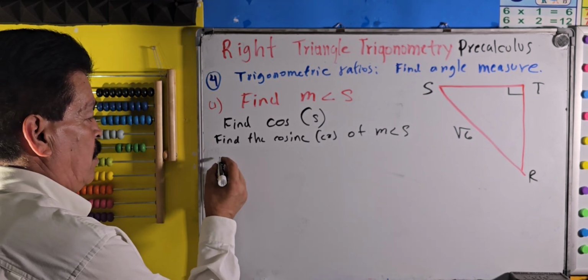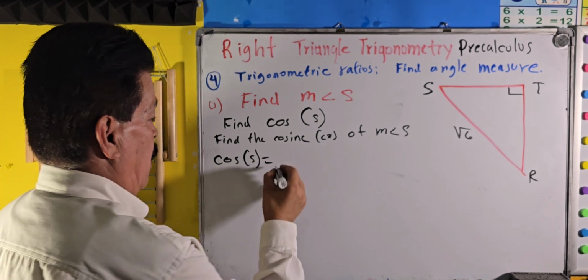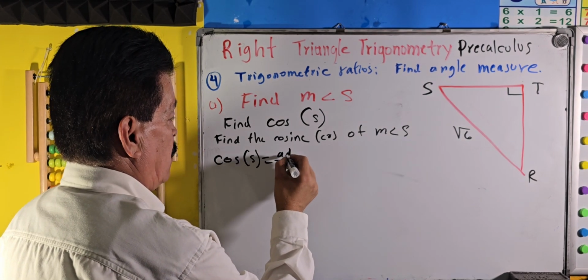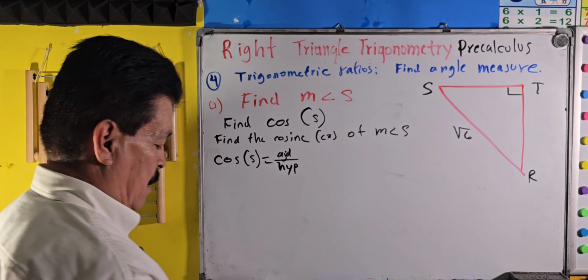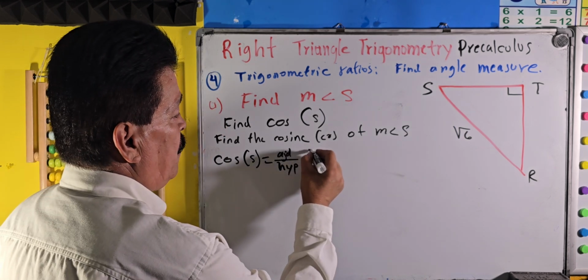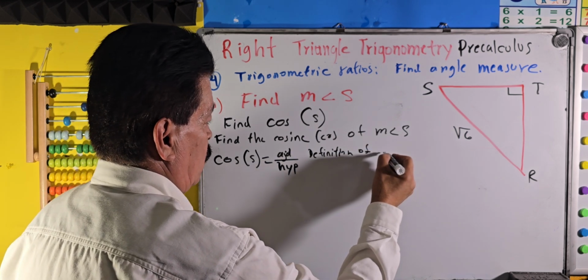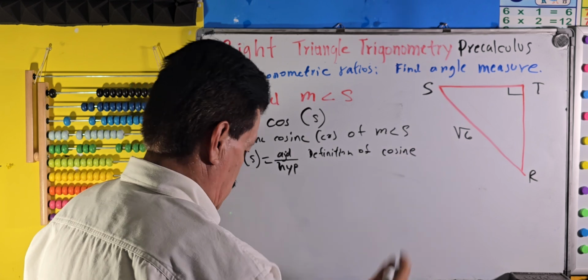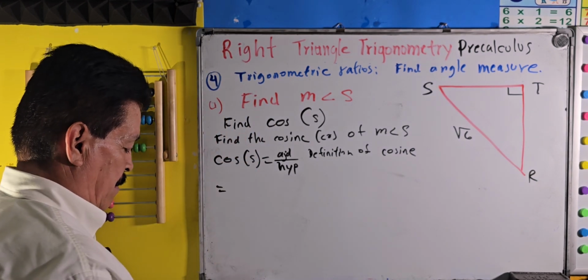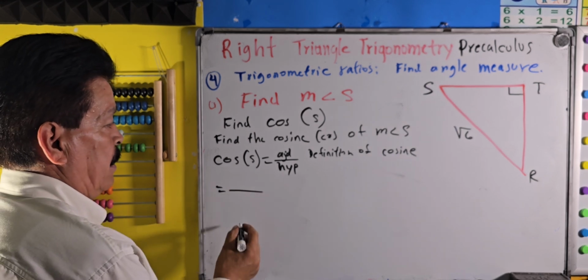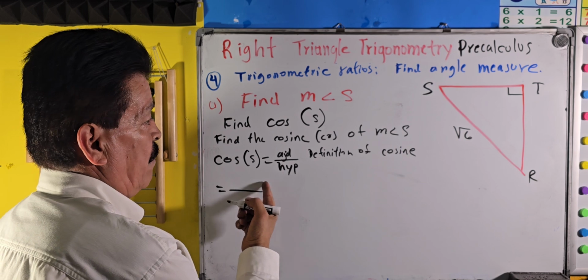So first step, cosine of S is equal to, by the definition, adjacent divided by hypotenuse. This is the definition of cosine. So next step, we will have adjacent. With this adjacent side, we are talking about this angle.